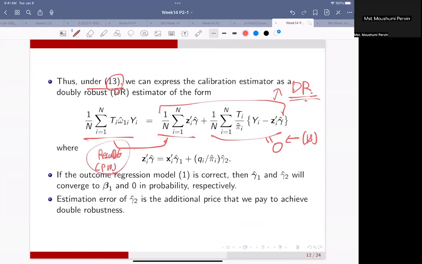So the result in page 10 shows the equivalence between these two. And equation 13 shows that the bias correction term is 0. So combining the two, the proposed calibration weight is indeed doubly robust.